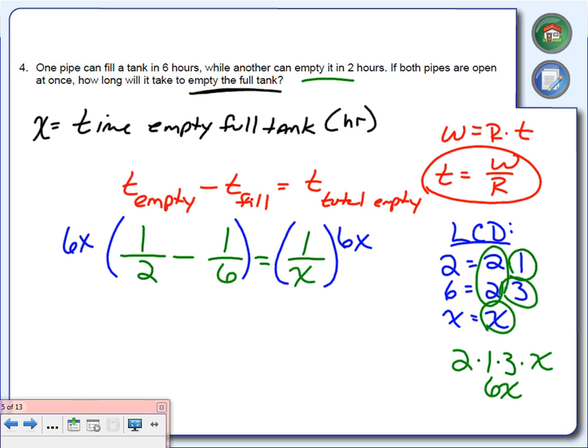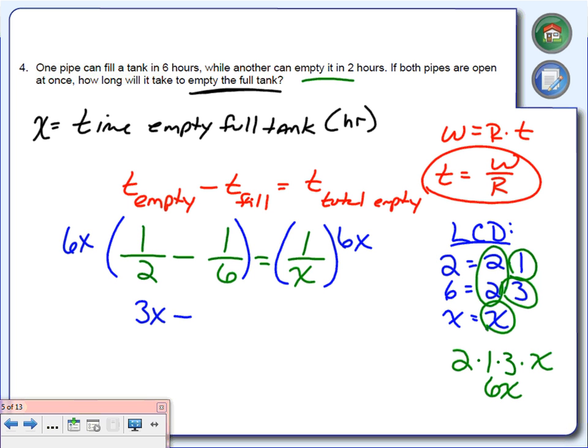All right, so 6x times the 1/2. Well, look at this 2 here. Notice how that 2 is going to go into 6. 2 goes into 6 how many times? 3. So what I'm going to do is take 3x and multiply it by 1. 3x times 1 is 3x. Here's another way to look at it, guys. I've got 6 x's. What's half of 6 x's? Half of 6 x's is 3 x's.